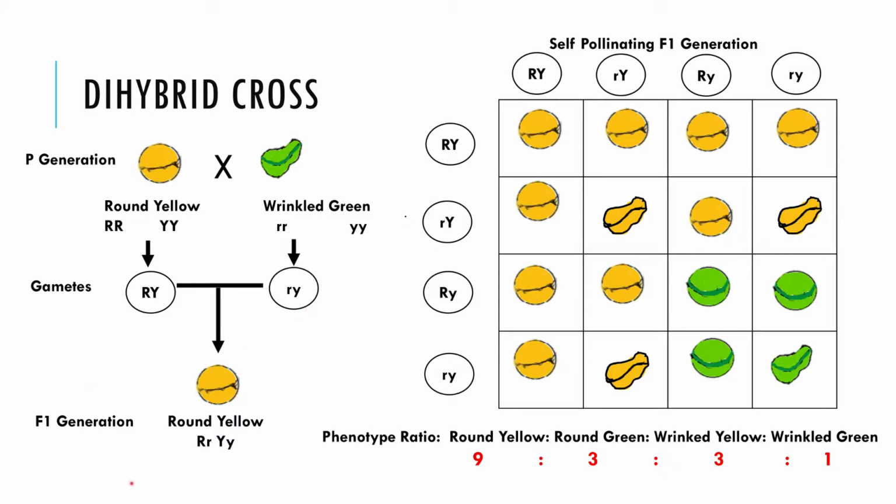Okay, and the F1 generation would have all dominant phenotypes, that is the round shape and yellow color, and this would be the genotype.